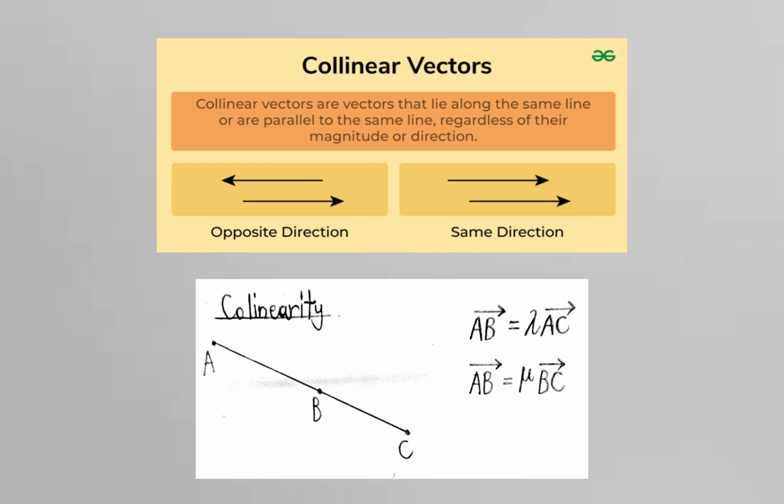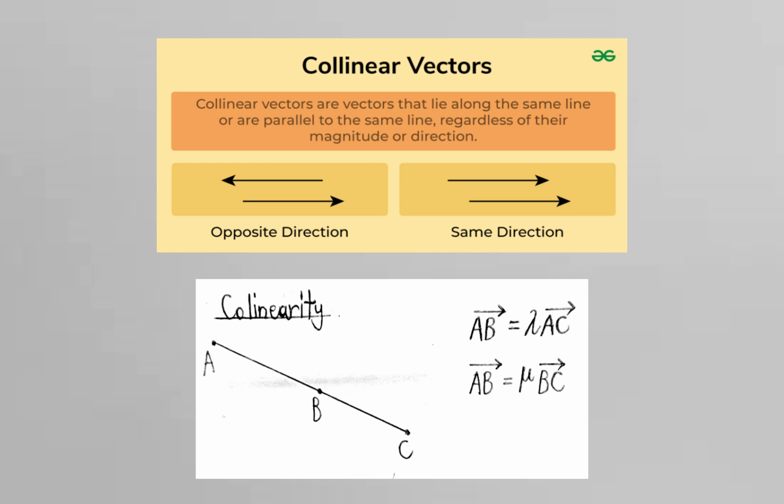So earlier we mentioned in the previous video, collinear vectors are vectors that are parallel but they overlap each other, and you can see the definition at the top. Collinear vectors can overlap, and they can either be in opposite directions or in the same direction.